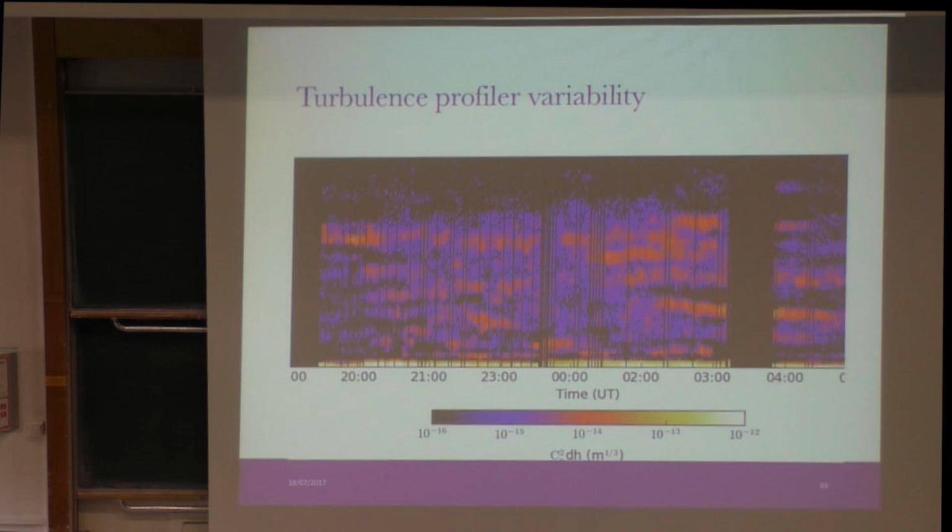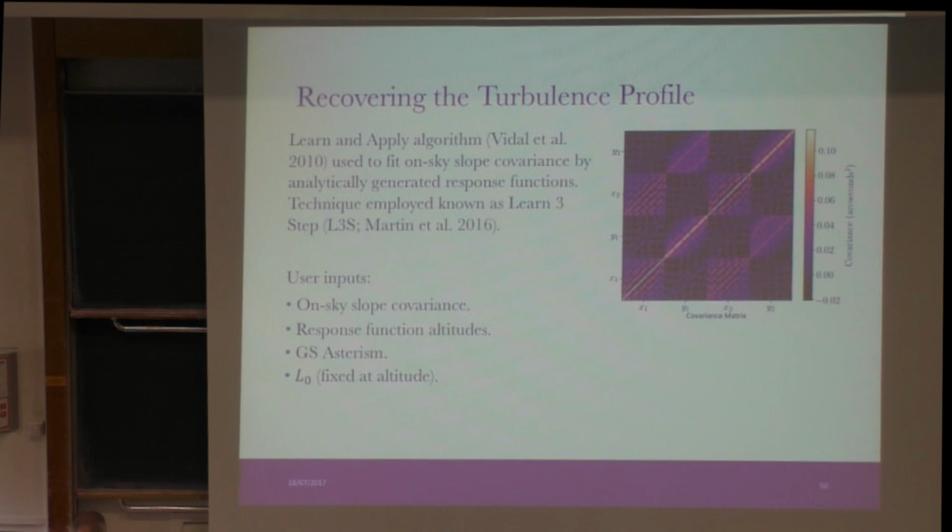So just to show again how variable the turbulence profile is, this is the same problem we saw before, but just to reiterate that it changes a lot and can change rapidly. Okay? So we need to input then the on-sky slope covariance. And we build a set of response functions which we then use to fit to this function for those different altitudes, and we give it the asterism.